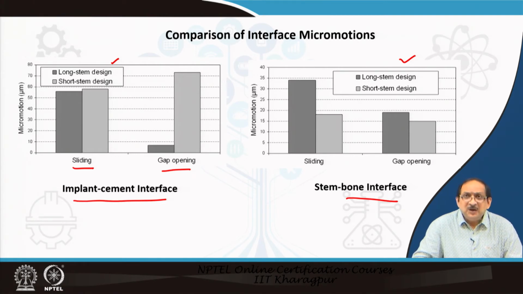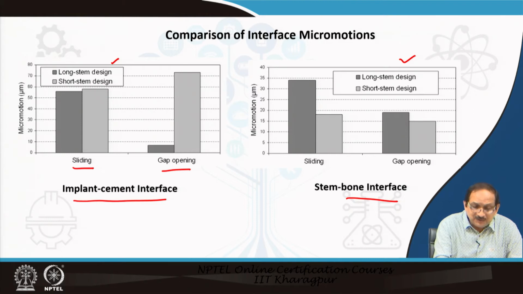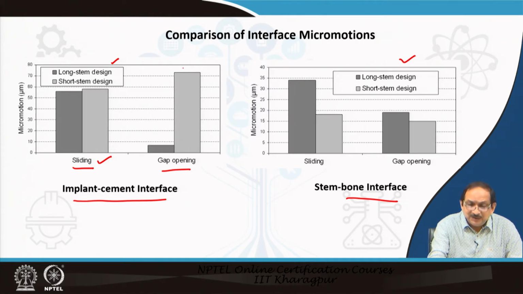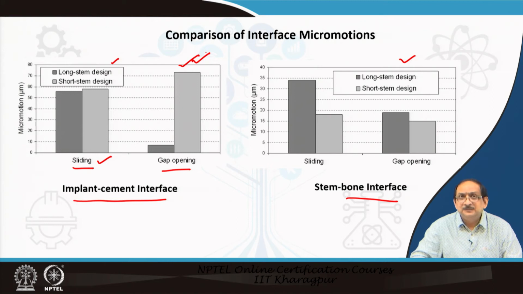So, if we observe the micromotions in case of the implant-cement interface, we observe that for the long stem and the short stem design, the sliding micromotions are almost similar. However, the gap opening is considerably greater in the case of the short stem design as compared to the long stem design, as indicated here in the slide.